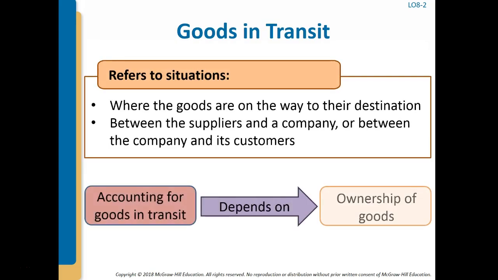So at the end of a reporting period, it's important to ensure a proper inventory cutoff. This means determining the ownership of goods that are in transit between the company and its customers, as well as between the company and its suppliers.